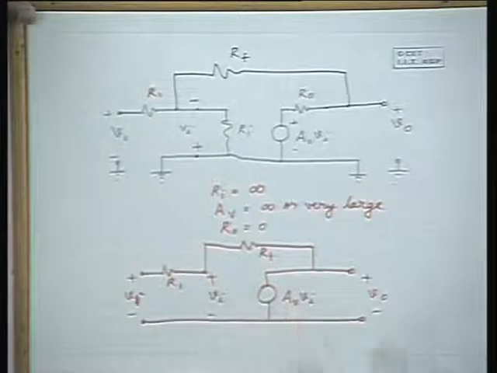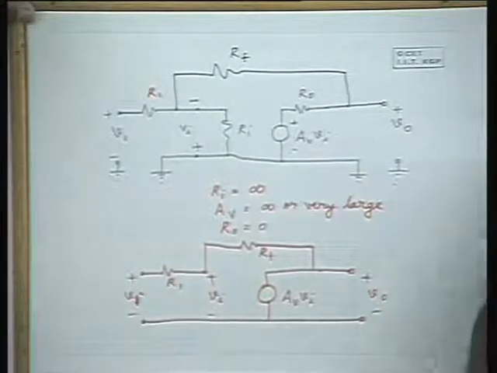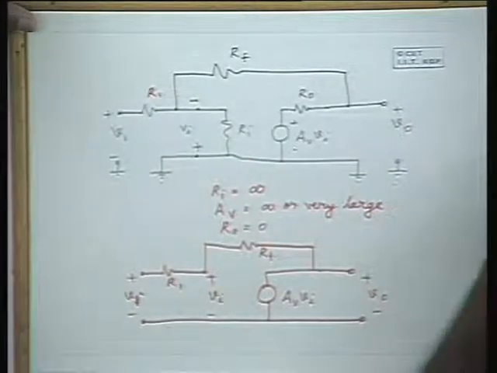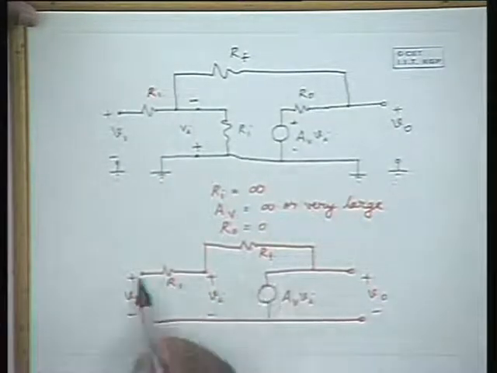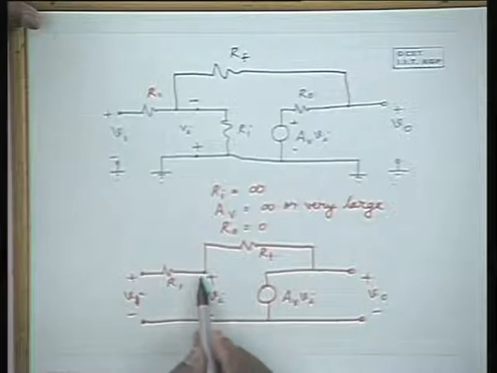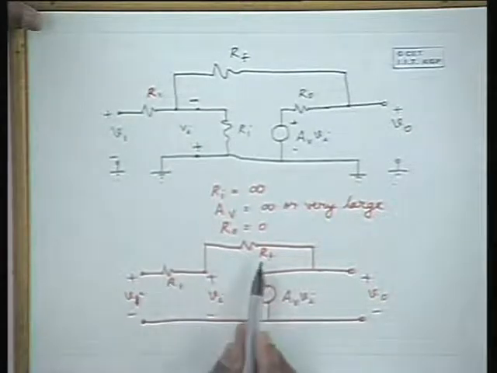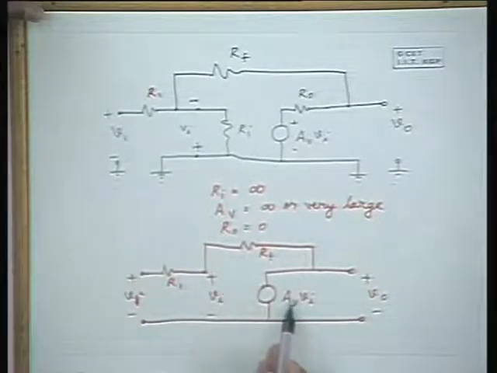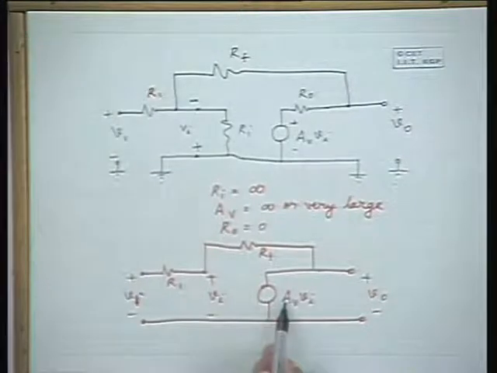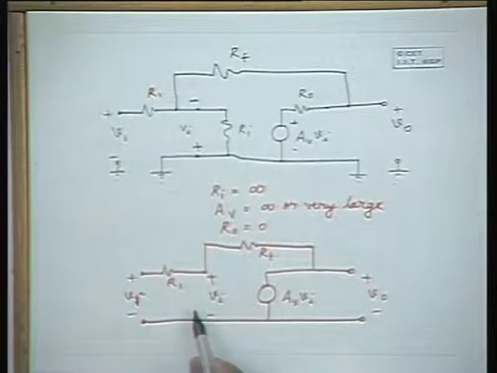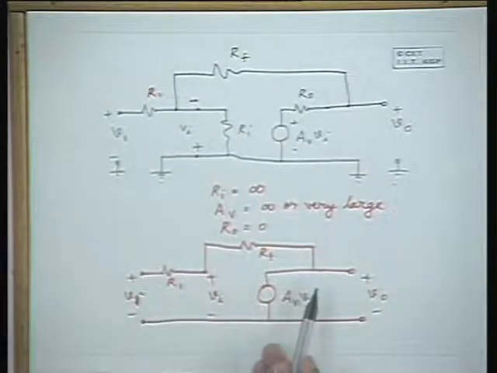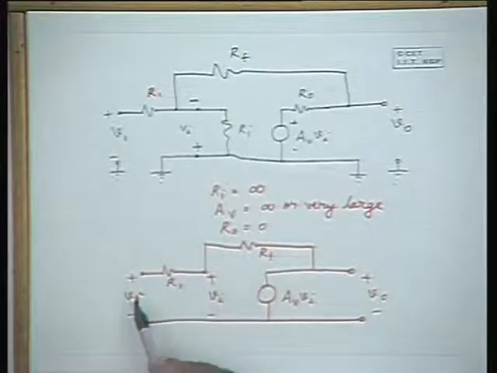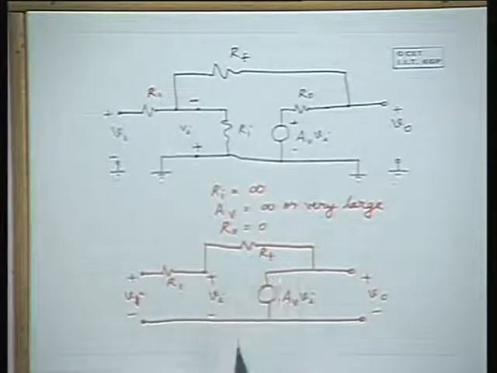By applying the superposition principle here, the voltage that appears here due to this source is equal to R1 by R1 plus RF into AV Vi. So that is the voltage that appears here, and due to this voltage alone, the output voltage is equal to V1 into RF by R1 plus RF.